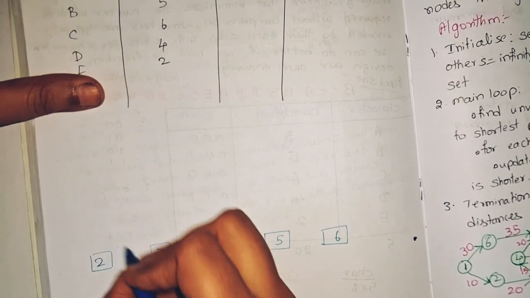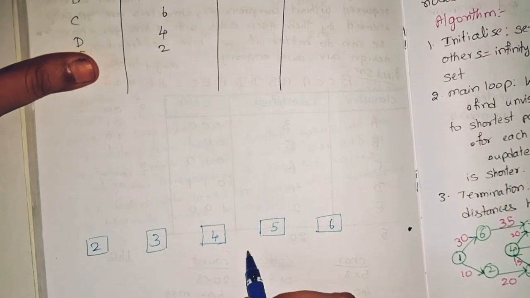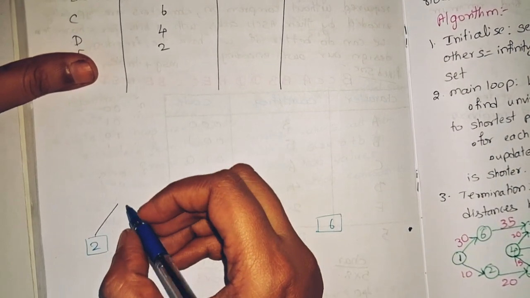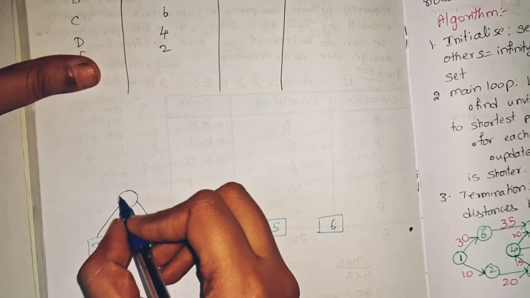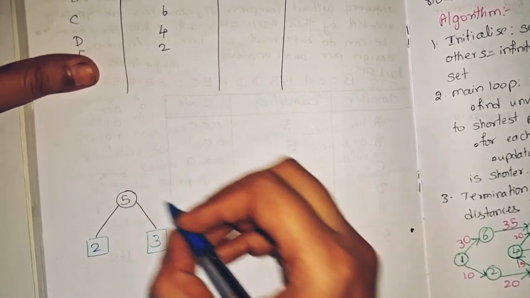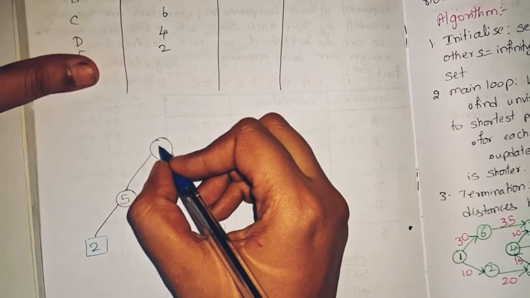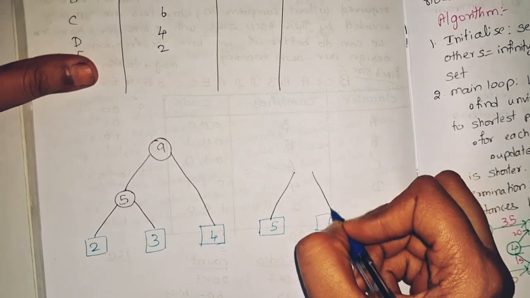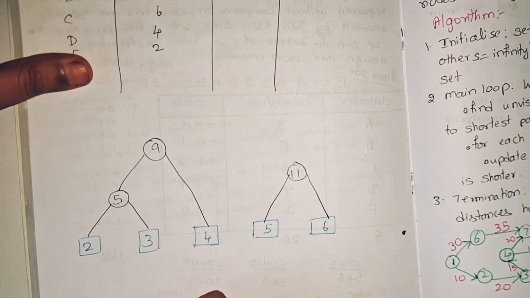Okay, so first of all we will take the count values and write them in ascending order: 2, 3, 4, 5, 6. Now we are going to merge these numbers. 2 plus 3, taking the first two minimum numbers, is 5. Next, 5 plus 4 equals 9, and the next two minimum numbers, 5 plus 6, equals 11.